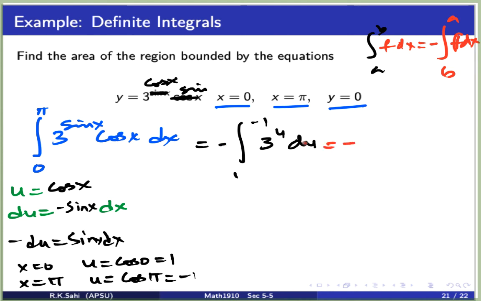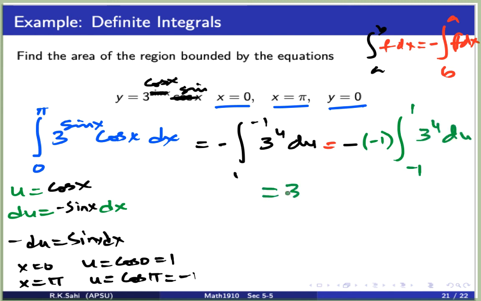This minus is the one which is given, and when I flip the limits, I will have a negative in the front, times the integral from minus 1 to 1 of 3^u du.